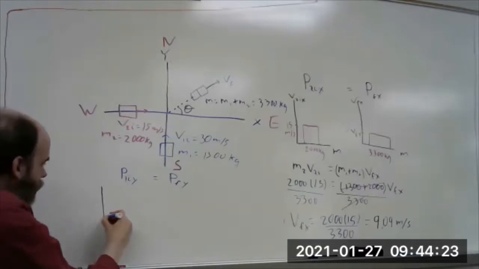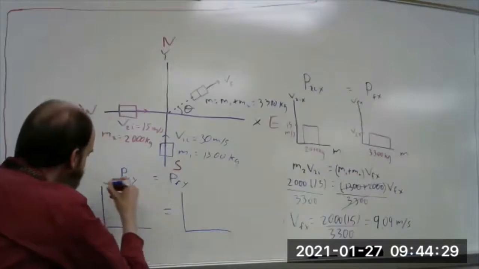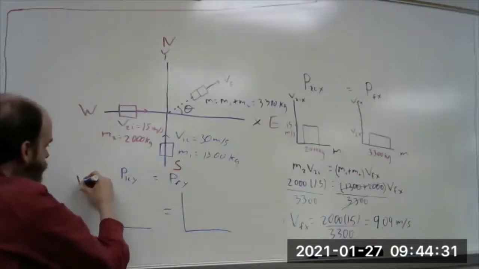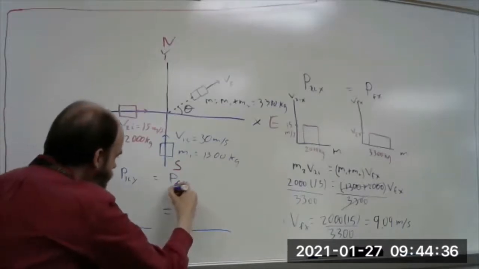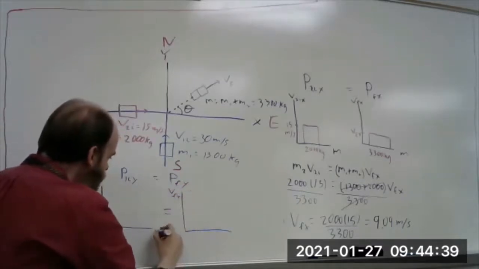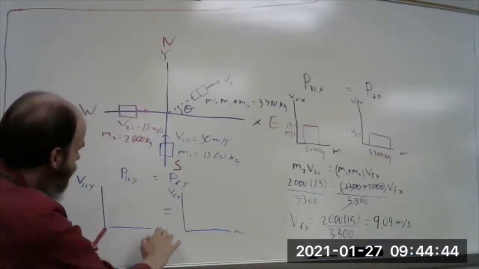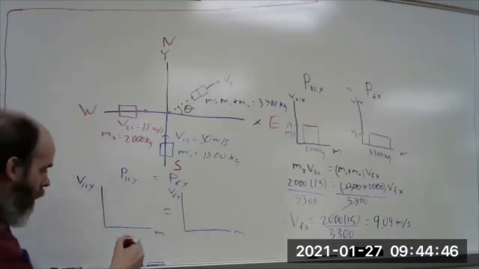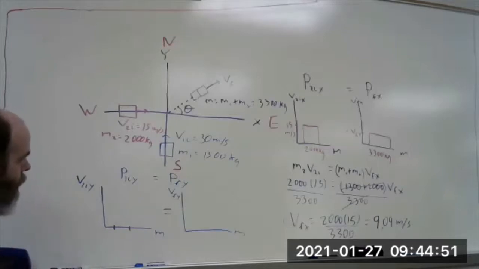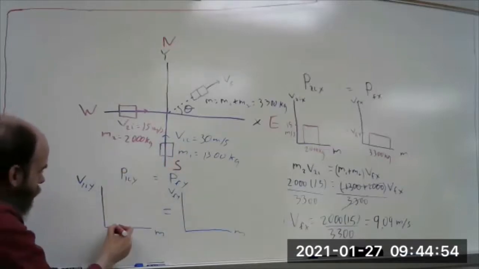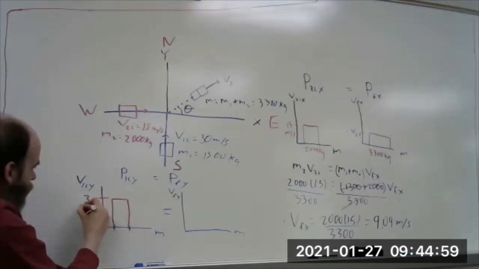So we can draw the momentum diagrams. This is going to be V1 initial Y. This is going to be V final Y. And this is mass and mass. So we start here, 1,300 kilograms, going 30 meters per second.